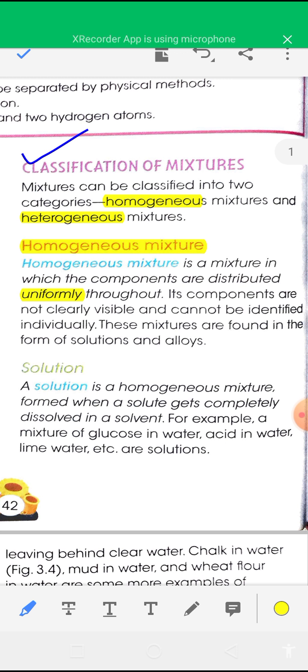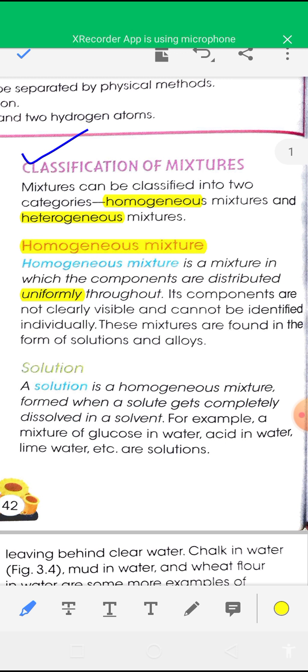I have highlighted this term uniformly, meaning equally. Its components are not clearly visible and cannot be identified individually. And these mixtures are found in the form of solutions and alloys.